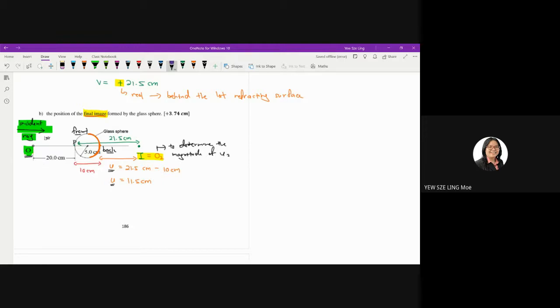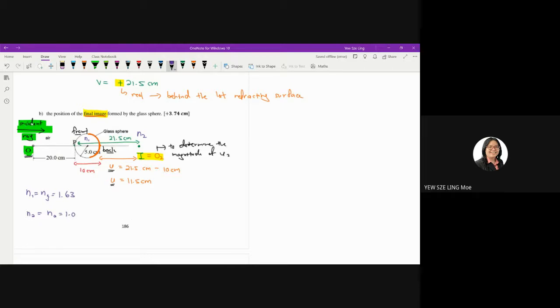So now let us write down the information. Since I'm assuming my incident light ray is still coming from the left-hand side, it means that this one is my N1, and then here is my N2. So N1 is now equals to N glass, which is equals to 1.63. N2 is equals to N air, which is equals to 1.0. Then how about R?